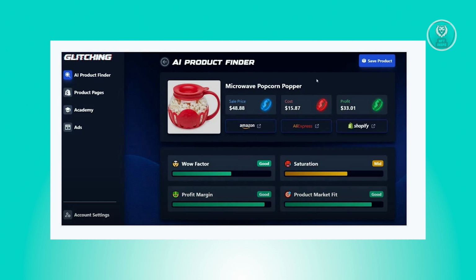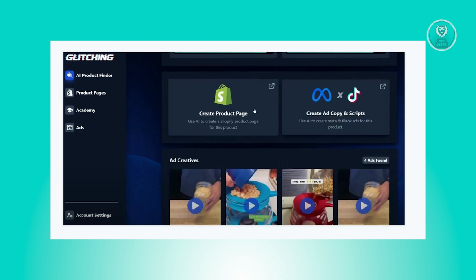If it's set to mid, it means it's in the middle, so there are a few users selling this product, but not that many. But if it's in the green, you could go ahead and use this product because not everybody is selling this specific product, which boosts your chances of profiting from it.